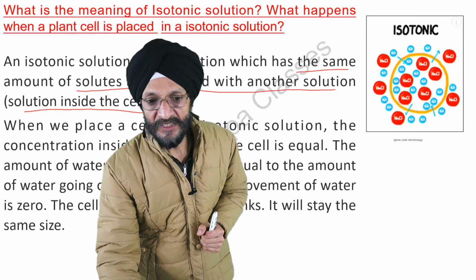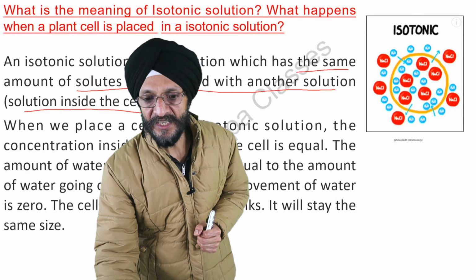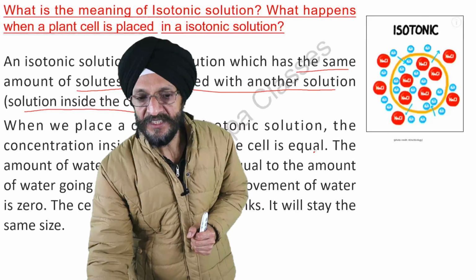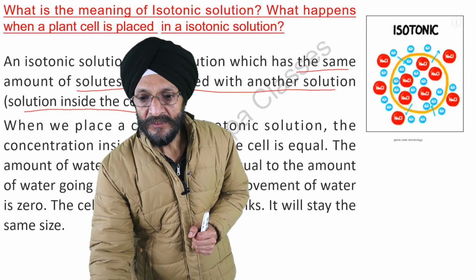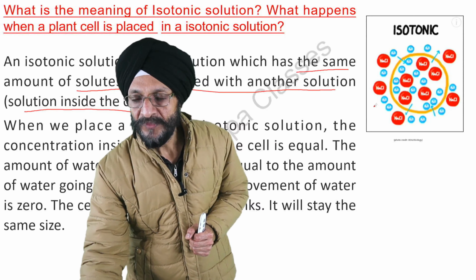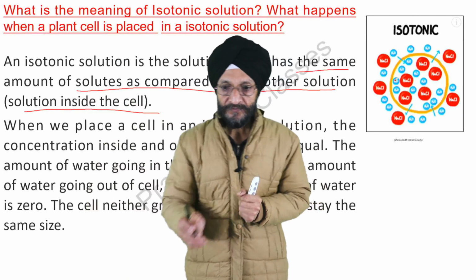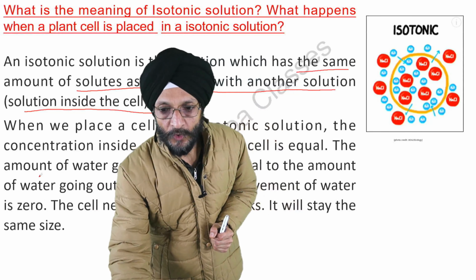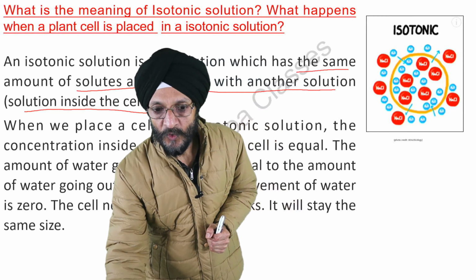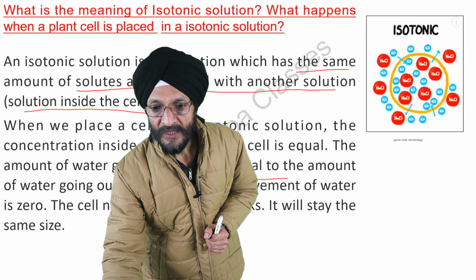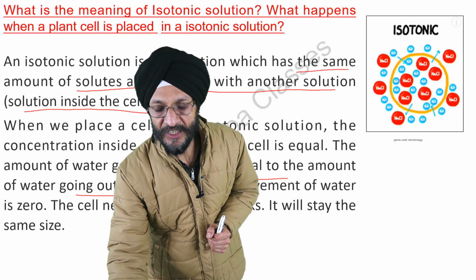So what would happen if the plant cell is placed in isotonic solution? The concentration of solutes inside and outside the cell is equal. The amount of water inside and outside the cell is also equal. So the amount of water going in the cell and coming out of the cell is equal.